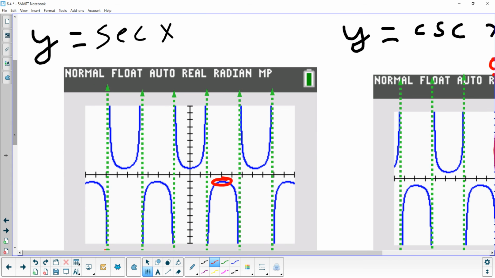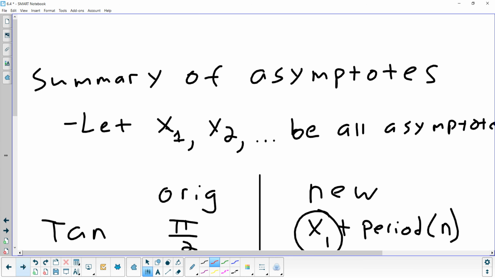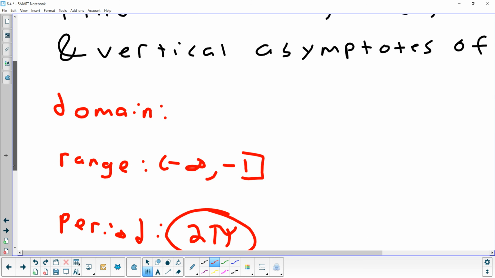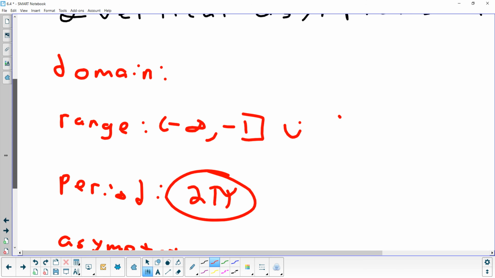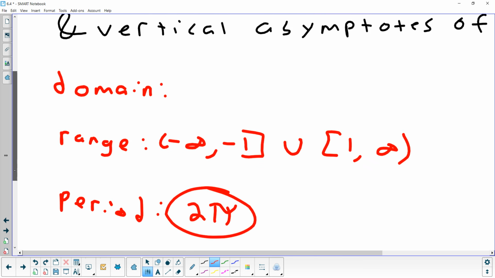How would you describe that? 1 to infinity. If you find the local minimum there, it is 1, and it goes from 1 to infinity. So the range is basically every number except numbers between -1 and 1. It never hits inside there. Okay, so there's the range.